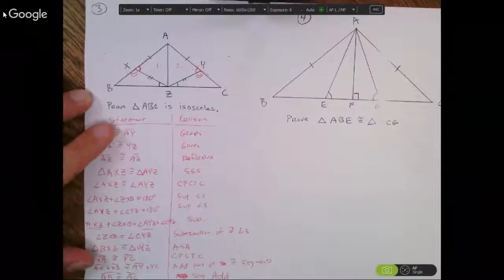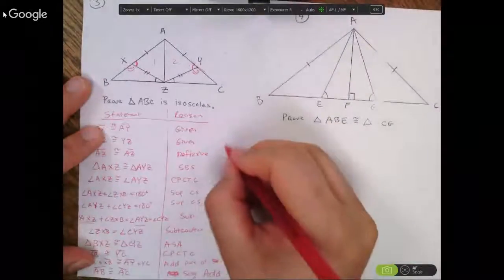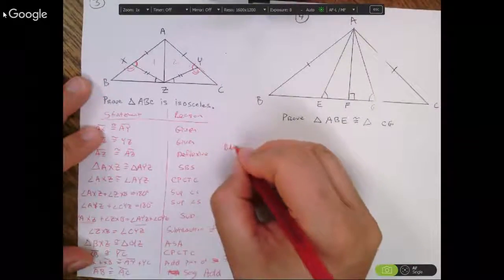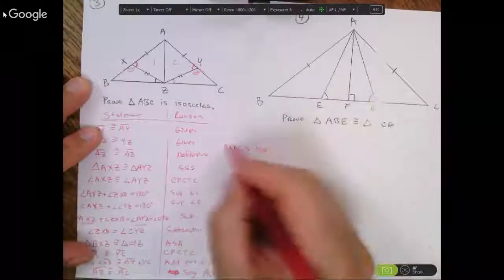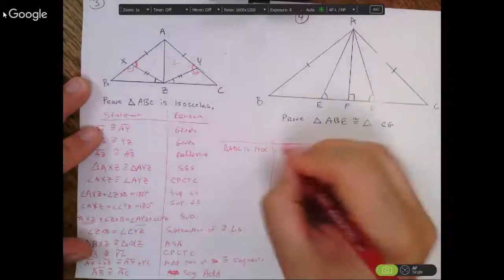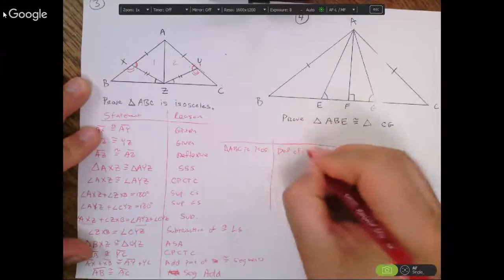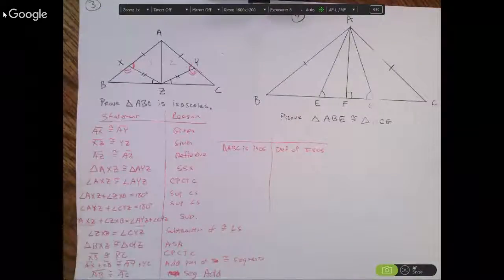Okay, and then I didn't leave myself enough room, but the last thing I would write was triangle ABC is isosceles, and the reason for that would be definition of isosceles.